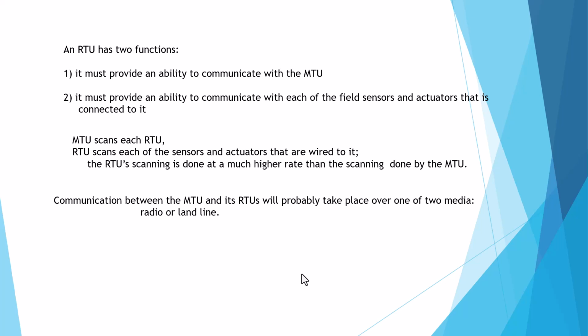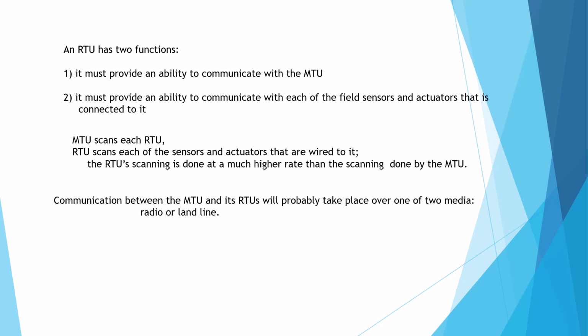The RTU scans each sensor and actuator that is connected to it. The RTU scan is at a much higher rate than the scan by the MTU. For example, the RTU scan time may be 0.1 milliseconds, but the MTU scan may be 1 millisecond.